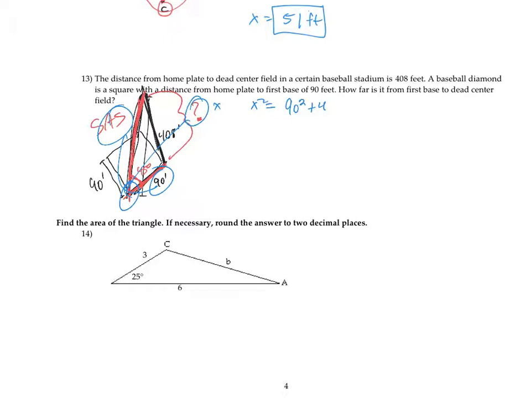Try that again. Write that one more time. 408 squared minus 2 times 90 times 408 times cosine of 45. So x squared equals 122,634. Take the square root of this, and we get 350 feet.